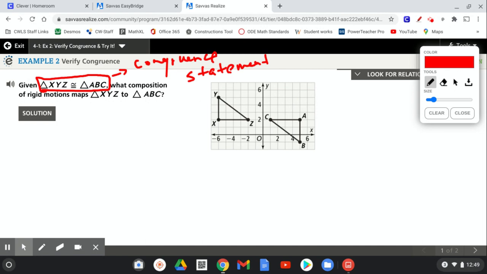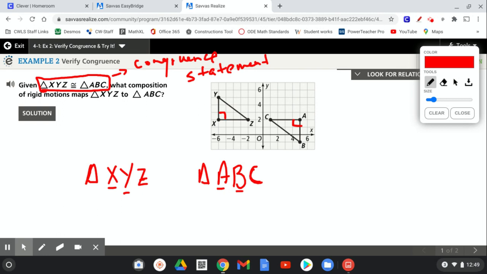So if we're looking at this, it's written as triangle XYZ with X being the first vertex, and then triangle ABC with A being the first vertex. A triangle is made up of sides and angles, and since X is the first vertex and A is the first vertex, angle X is going to be congruent to angle A, okay?